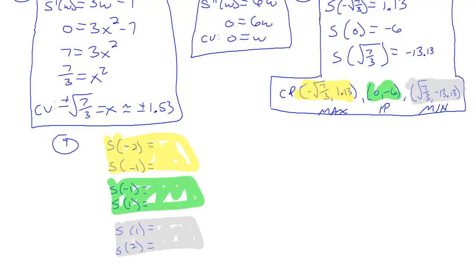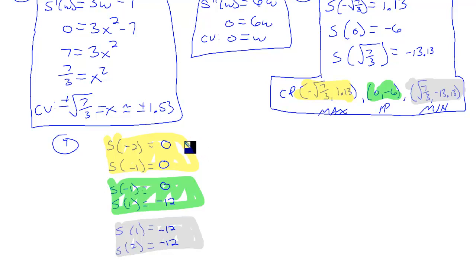I put this in my calculator. Let me do that real quick. I get 0, 0, 0, negative 12, negative 12, negative 12.